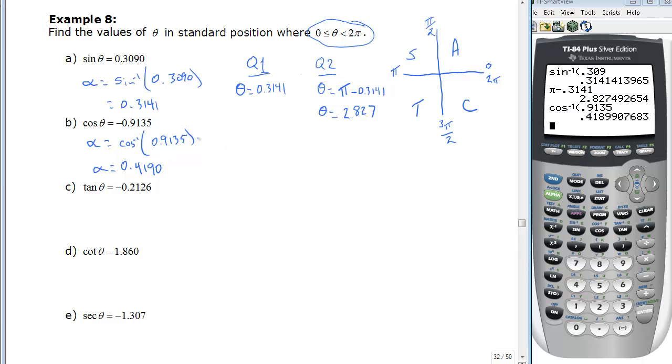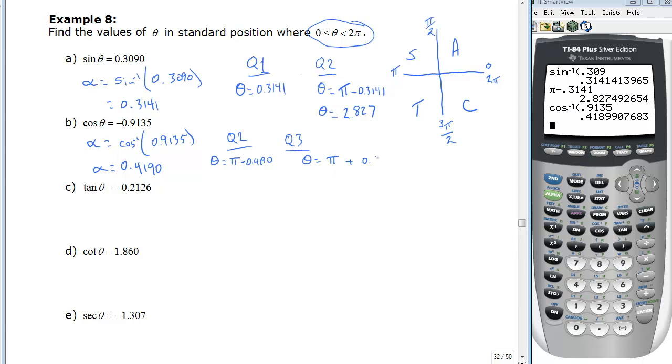Cosine is negative, so that tells us we're in quadrant 2 and quadrant 3. Theta in quadrant 2 is pi minus the reference angle, 0.4190. In quadrant 3, theta is equal to pi plus the reference angle.